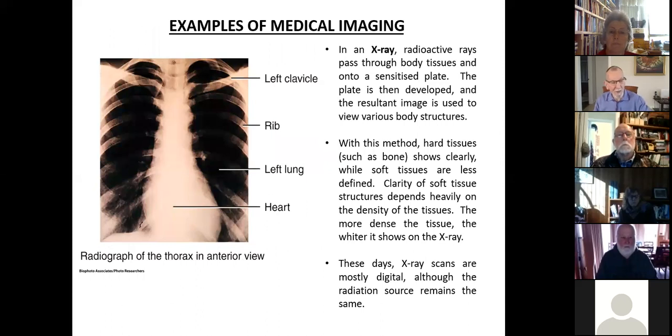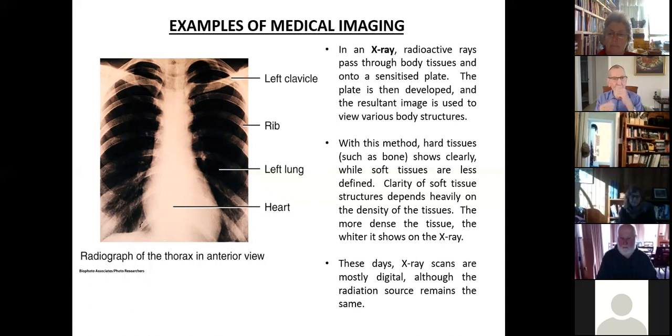So here we come now to examples of medical imaging. And first, good old X-rays. They're still widely used as, I guess, a primary radiological technique. The problem with X-rays is that they don't show a lot of detail in real terms.